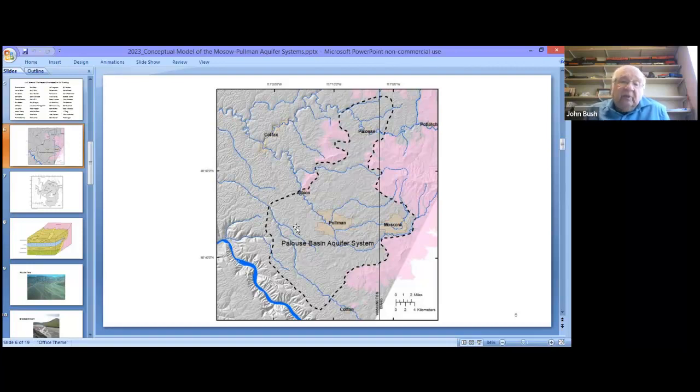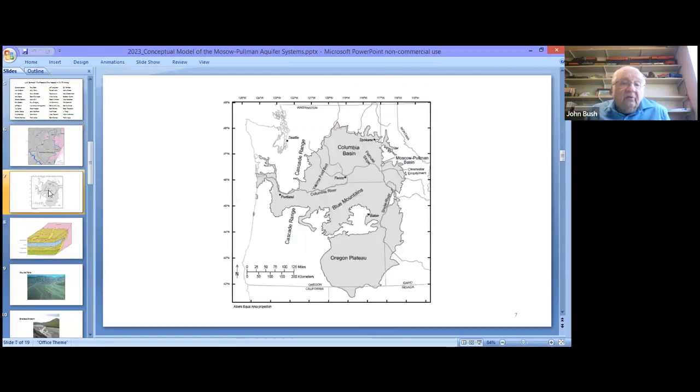But the central part of the area is where we do our thinking from, and remind ourselves of the origin of the basalts and the location of our basin. I think I sometimes need to be reminded that we're really just a little piece over here on the edge of the Columbia River Plateau.